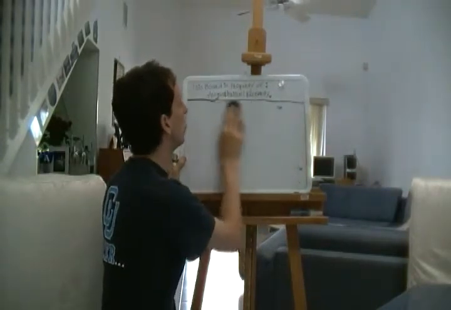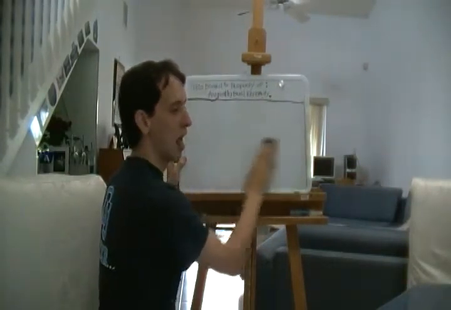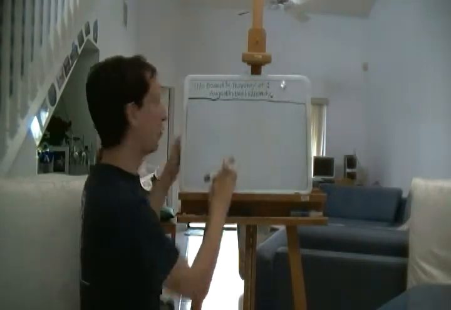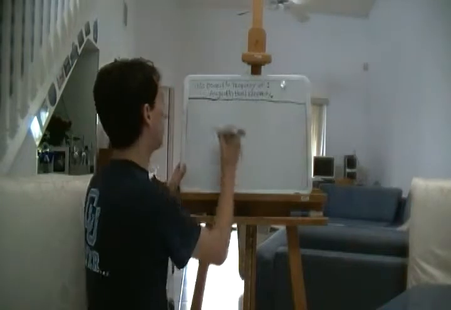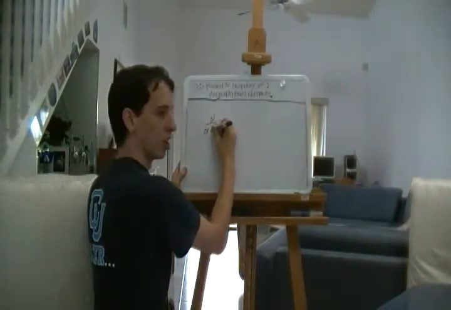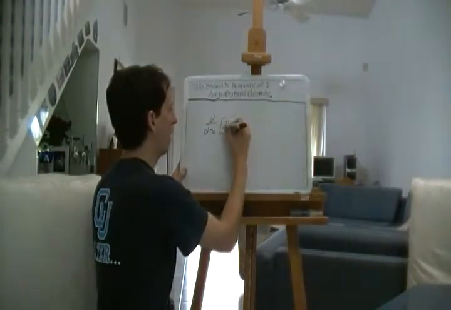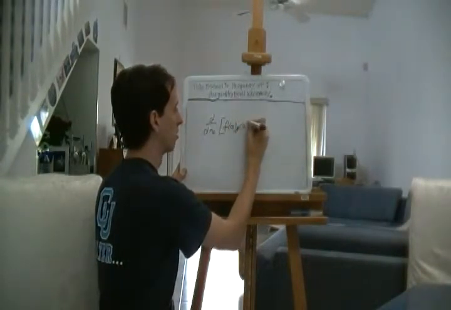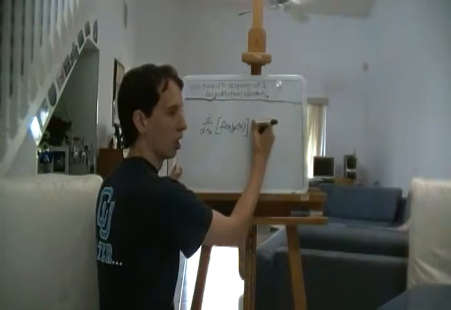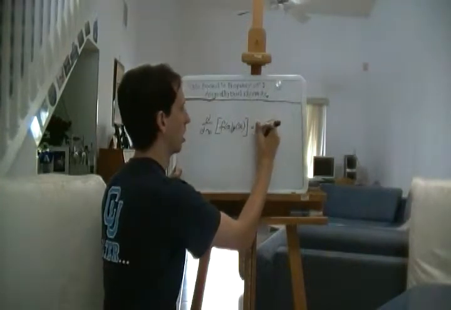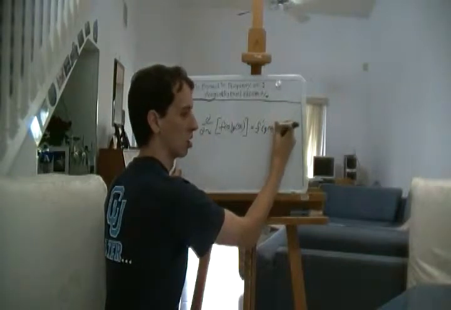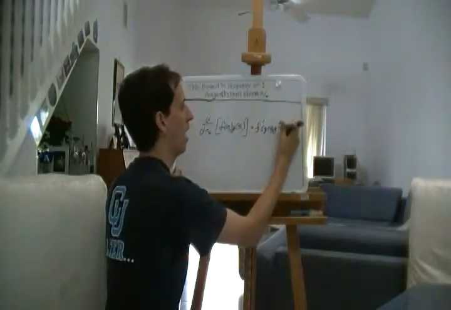Now, question 2 was a true-false question. True or false? If f and g are differentiable, then d/dx of f of x times g of x equals f prime of g of x times g prime of x.